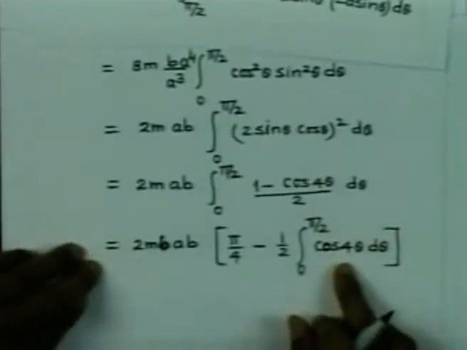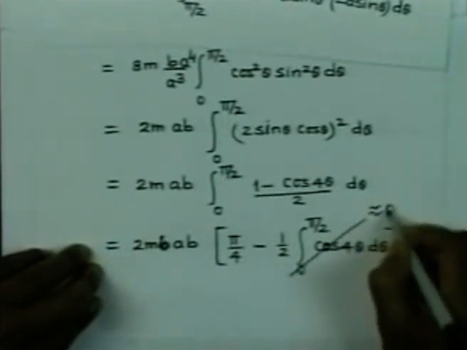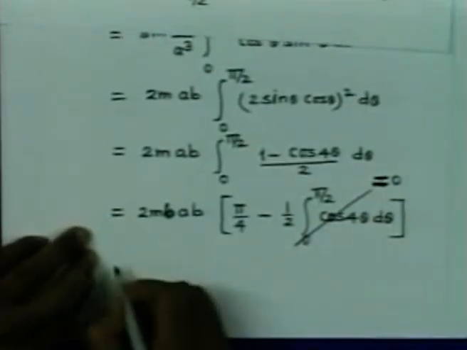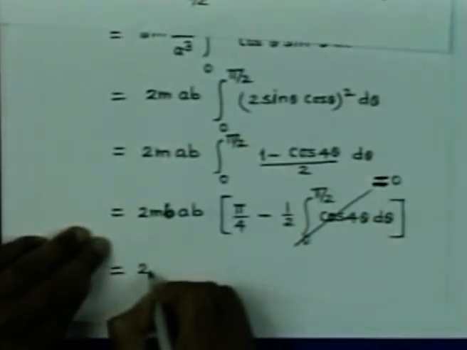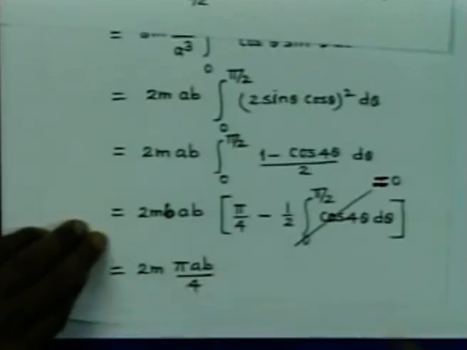You know that this integral is going to be 0, so this is 0, and we can now write this thing as 2 times m pi a b by 4.